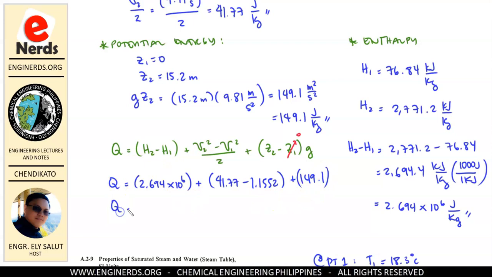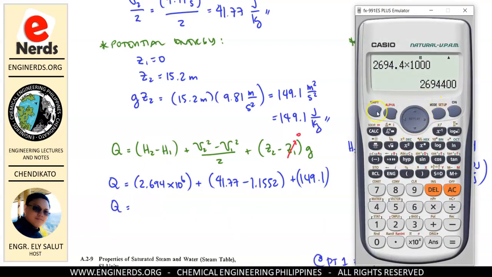So, now we can solve for our Q. So, let me use again our calculator. So, nandito pa yung kaninang sinolve natin, yung value ng ating H2 minus H1, no? So, now we're going to add that here sa ating kinetic energy, no? So, we have 41.77 minus 1.1552. Then, we're going to add 149.1.